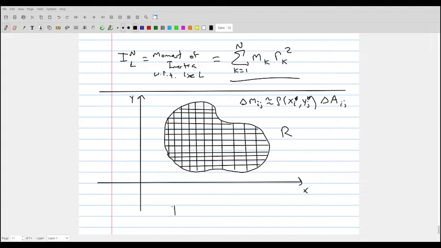So for our approximation to the continuous moment of inertia, we also have to have a line L. So let's say we have some line L, maybe it looks like this.